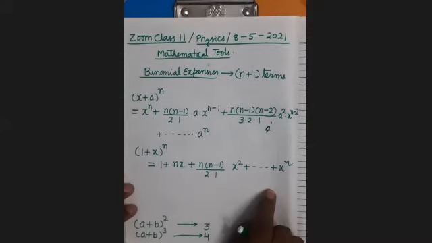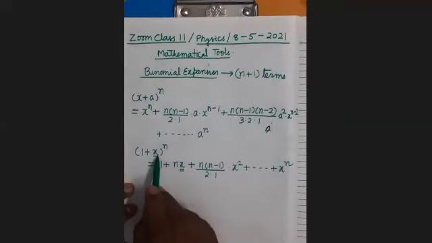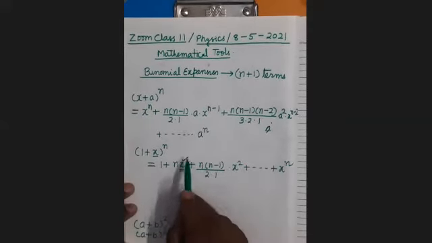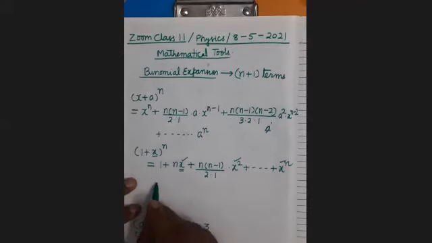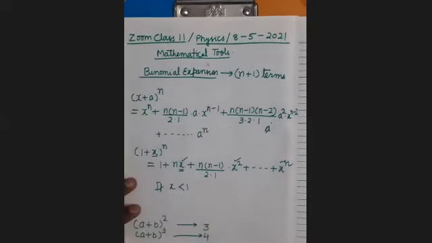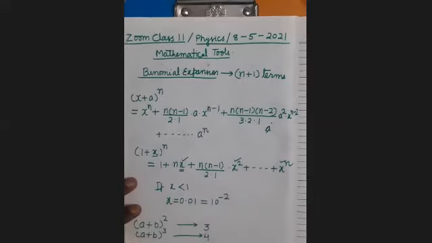Here you can see that the powers of x are increasing. Suppose x is smaller than 1, you take x = 0.01, that is 10^-2.